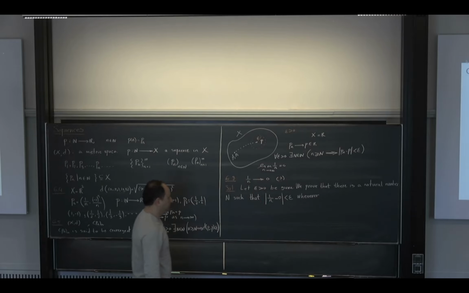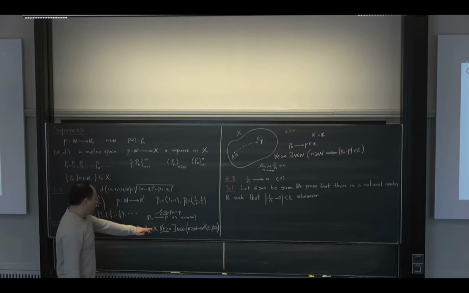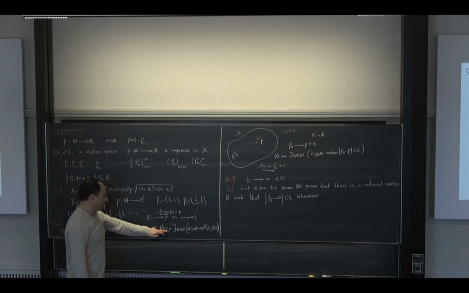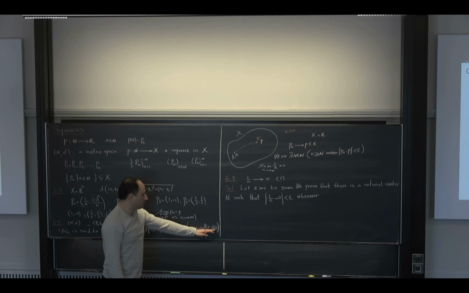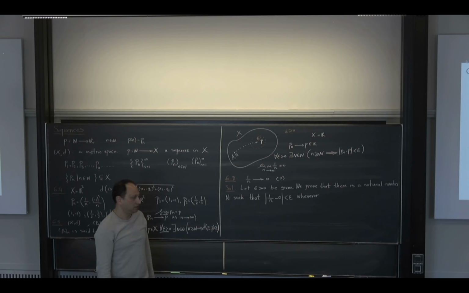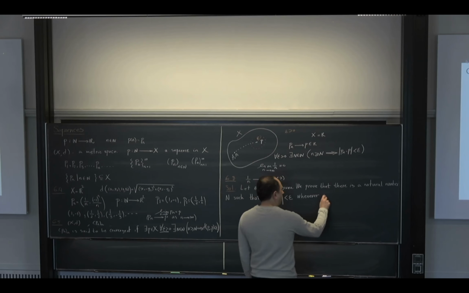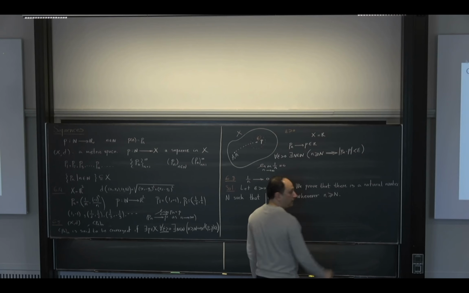Whenever what? I want to show that for every epsilon greater than 0, you can always guarantee the existence of a natural number so that the distance of the sequence terms from that limit becomes less than epsilon, provided that I am allowed to make n greater than or equal to N. Yes? So whenever n is greater than or equal to N, yes?